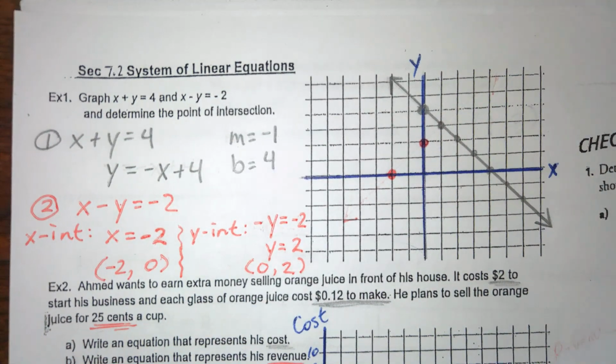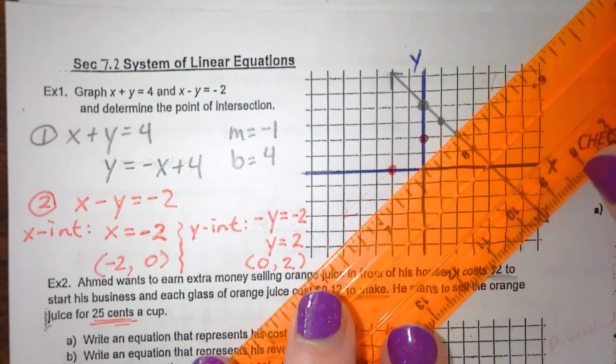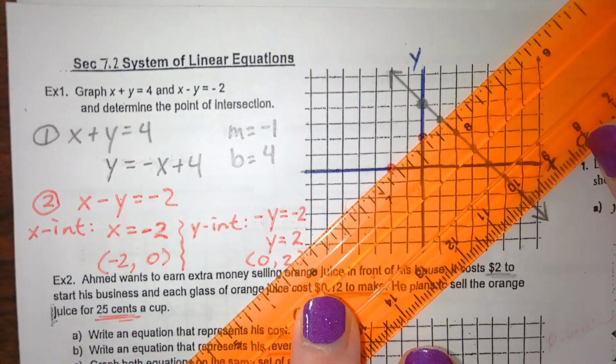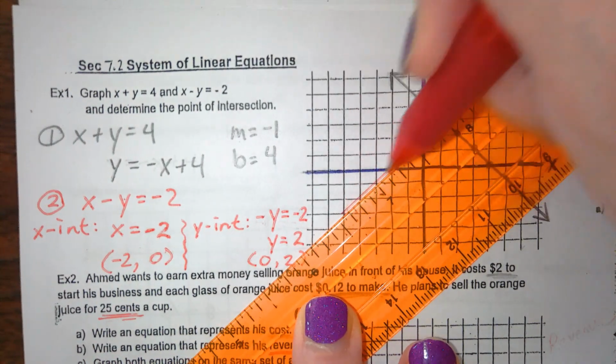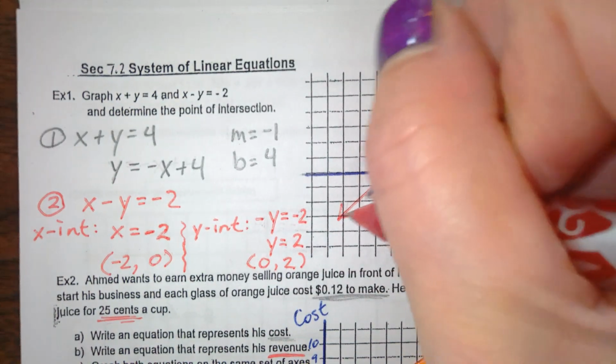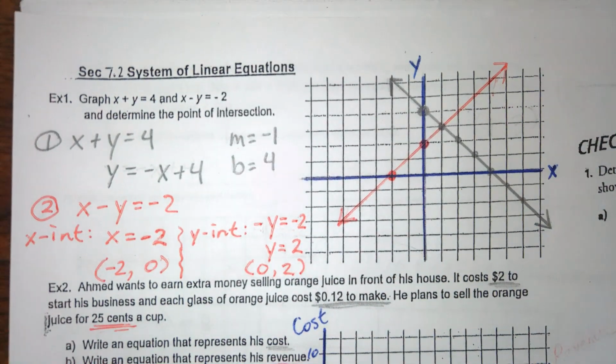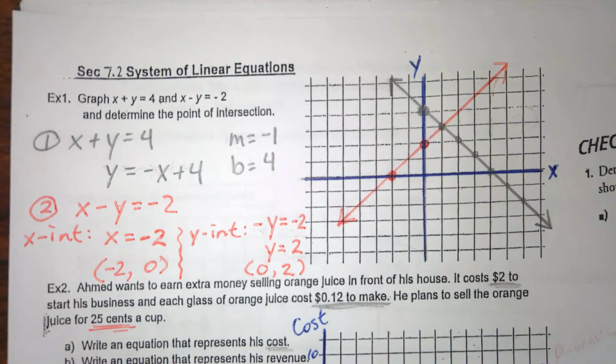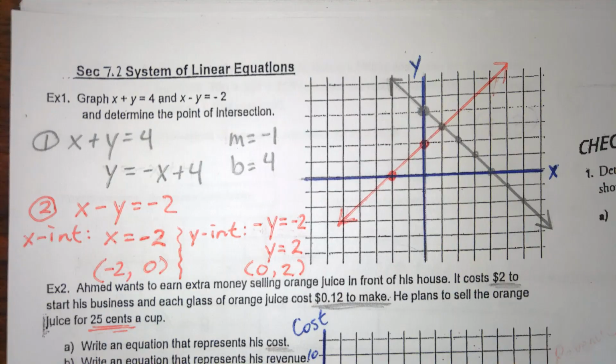Right, so negative 2, 0 and 0, 2. I have my 2 points. I can connect them to graph my second line. Okay. Then there we go. We graph both lines. All right. Have I answered the question? Will I get full marks on this question?